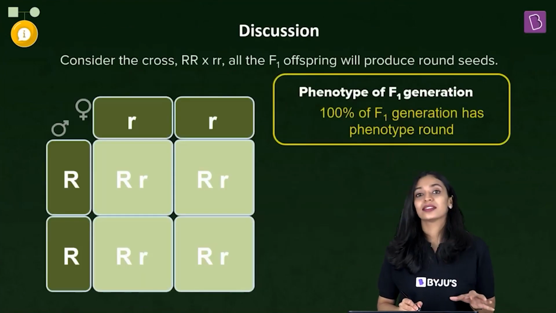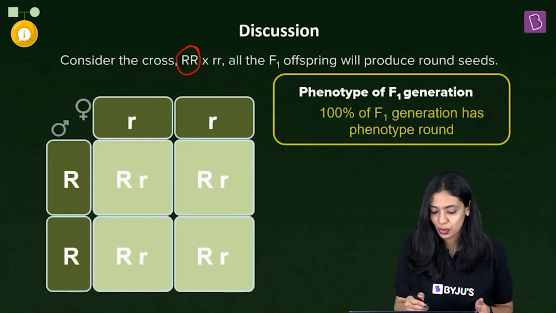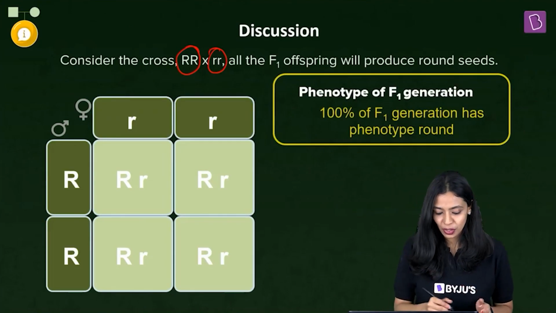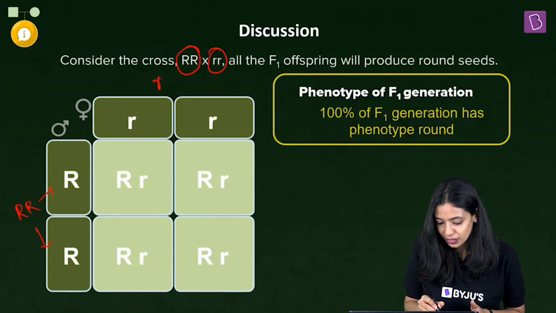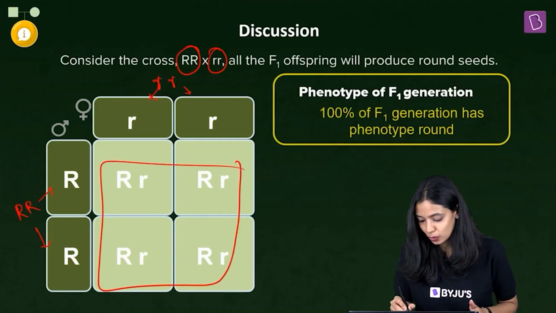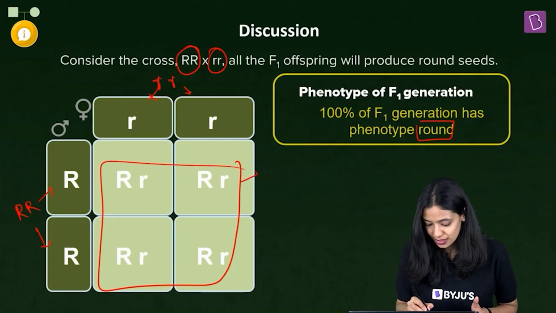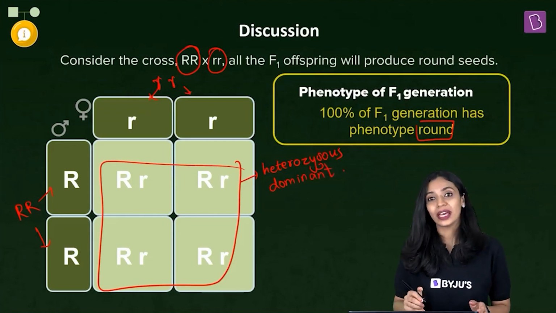Now let us consider the cross that has the homozygous dominant genotype and the homozygous recessive genotype. In such a cross, all of the resulting offspring will have the phenotype round. As you can see, all of them are capital R small r, which is the heterozygous dominant genotype, and all of them will have the phenotype round.